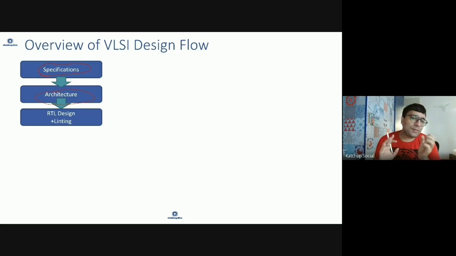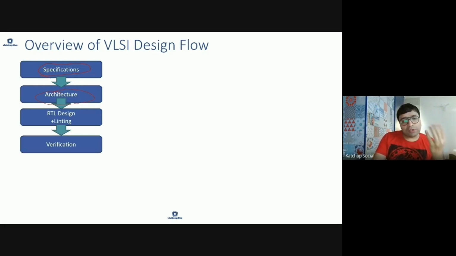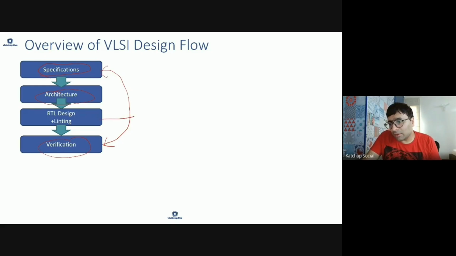Once that is done, whatever you have coded, you have to verify, to make sure it matches whatever the specifications were. That is the verification step. There are multiple types of verification: simulation, static verification, emulation, formal verification. We'll go into the details of those topics.